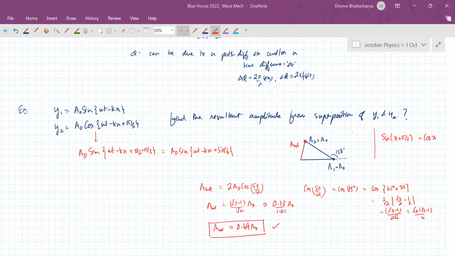Or you can also solve it this way. So 2 root.